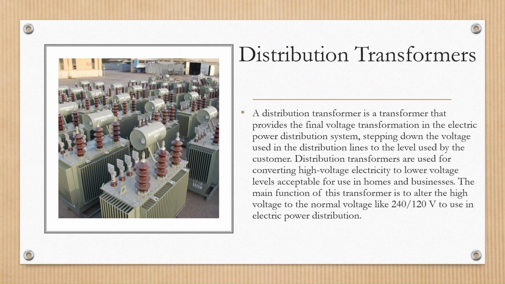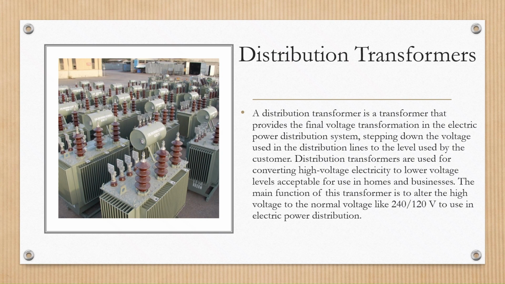A distribution transformer is a transformer that provides the final voltage transformation in the electric power distribution system, stepping down the voltage used in the distribution lines to the level used by the customer. Distribution transformers are used for converting high-voltage electricity to lower voltage levels acceptable for use in homes and businesses.